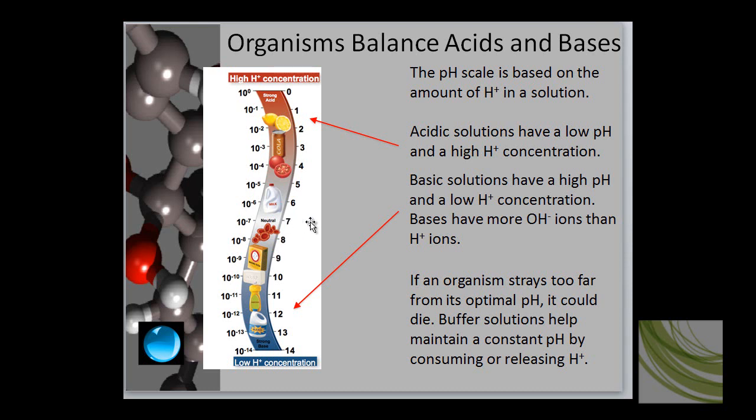So 7 is neutral. 9 is 100 times more alkaline than 7 because it's 10 times here to 8 and then another 10 times here to 9. If we went between 7 and 10, that would be 1,000 times more alkaline. Let's say we compare 6 to 8. It's 2 steps. 10 times, 100 times. All right? And so it's a multiple of 10 between every scale point as far as how acidic or alkaline it is. Okay?